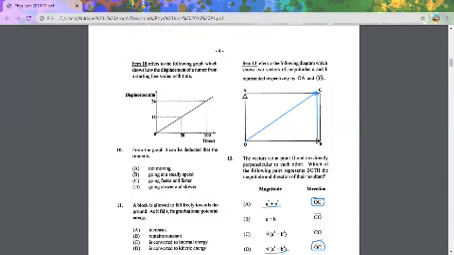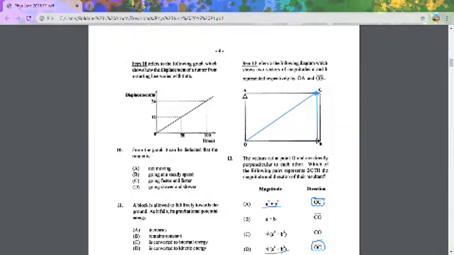What's the formula for finding resultant vectors using the triangular method? Yes, it's the same Pythagoras theorem, which says that r squared equals a squared plus b squared.